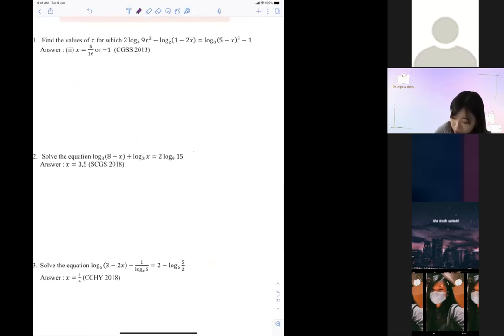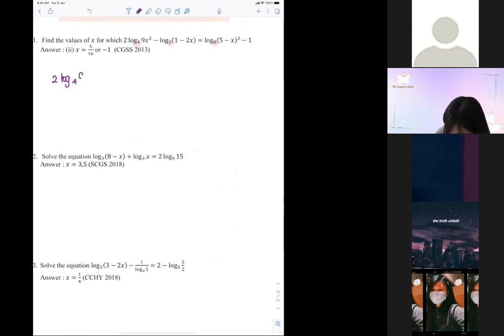Okay. So just now I said, this is the most common type of question. They will purposely give you everything in a different base. So try to make them to a prime number. So 4, 2, and 8, everything make in terms of 2 because all of them are powers of 2. But before that, try to make all of the log one side.